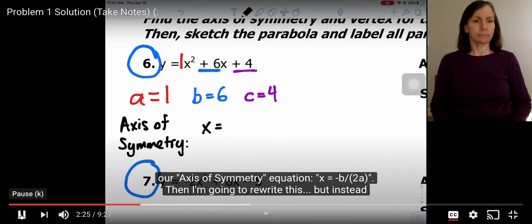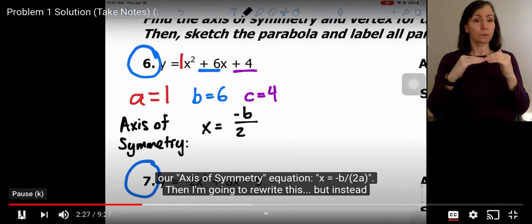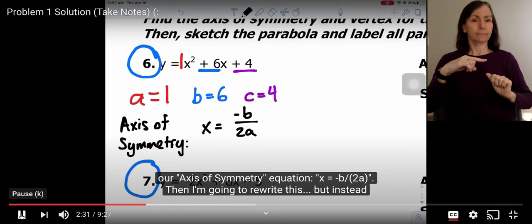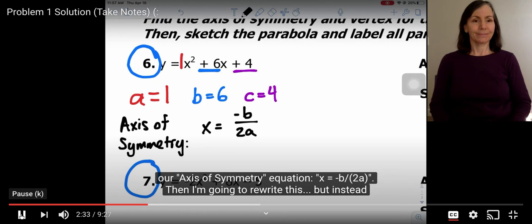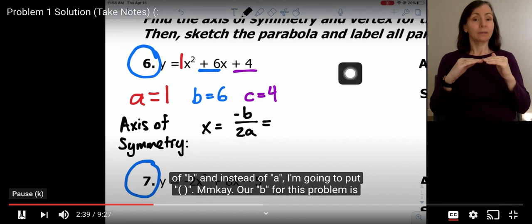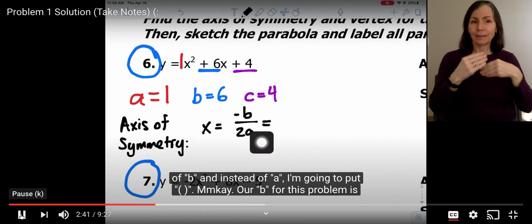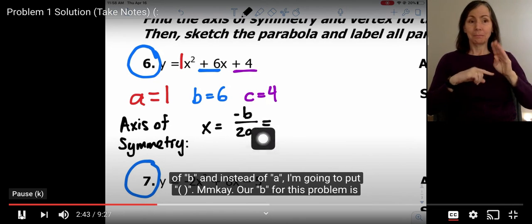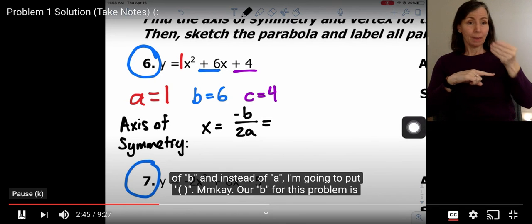X equals negative b over 2a. Then I'm going to rewrite this, but instead of b and instead of a, I'm going to put parentheses.